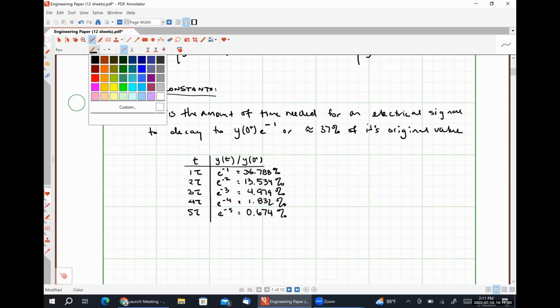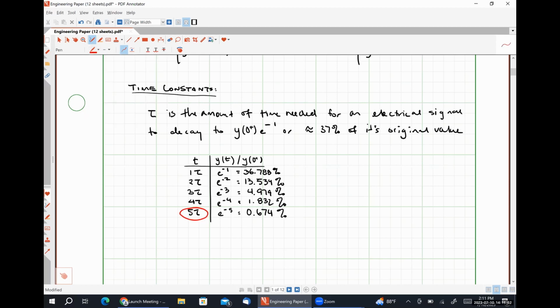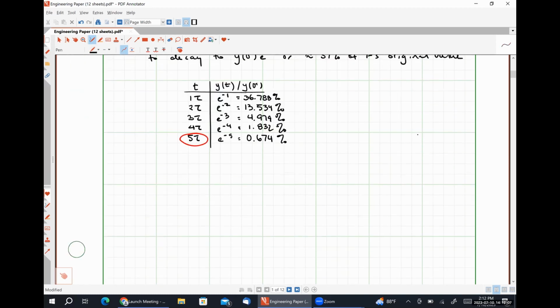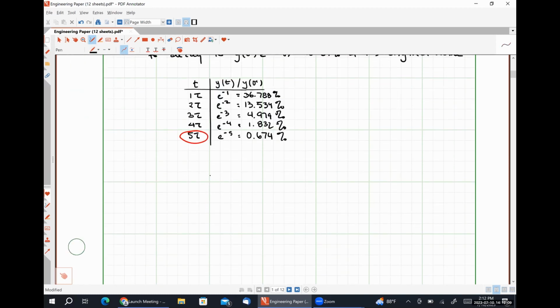We stop here because after 5 time constants, our signal has decayed to less than 1% of its original value. Okay. So if we were to plot something, it could be a voltage or a current.